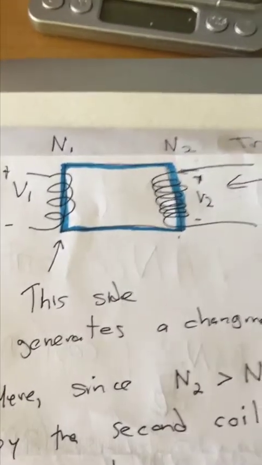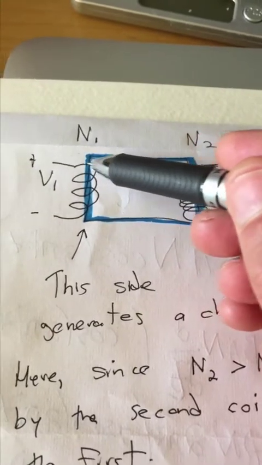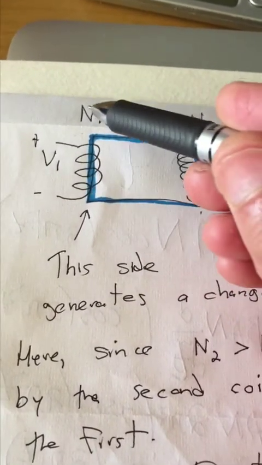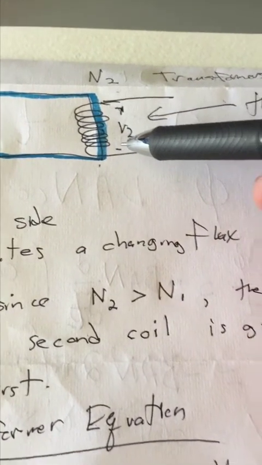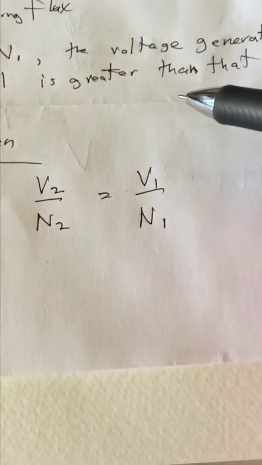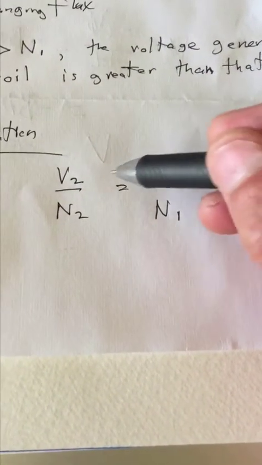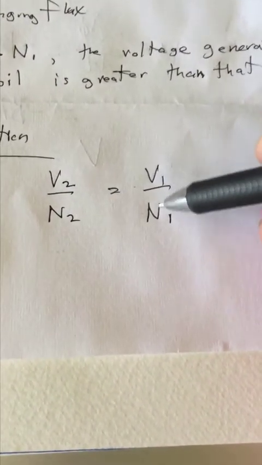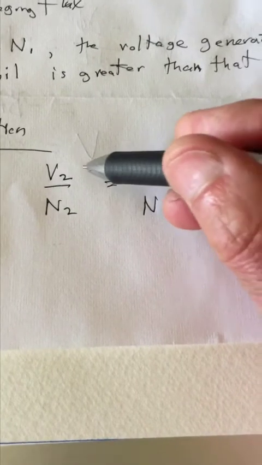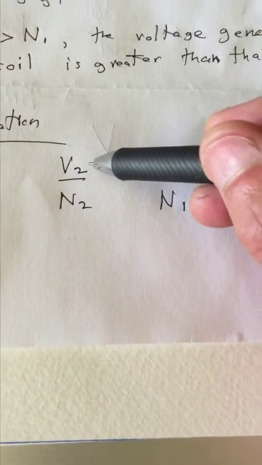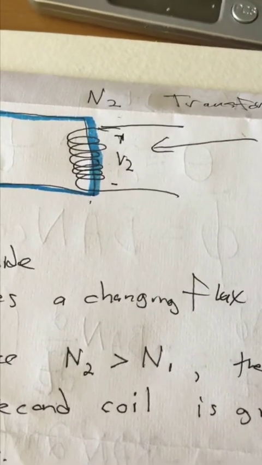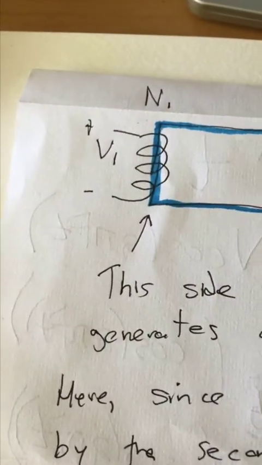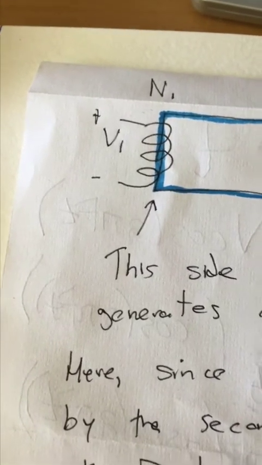So when we think about the transformer, I'm going to say that the primary has a voltage V1 across it. The secondary has a voltage V2 across it. And if you apply Faraday's laws and the laws for the generation of current and voltage in a transformer, you would end up with this relationship here. I'm not going to step you through the derivation right now, but it basically says that the voltage on the right-hand side divided by the number of coils on the right-hand side is equal to the voltage on the left-hand side divided by the number of coils on the left-hand side.